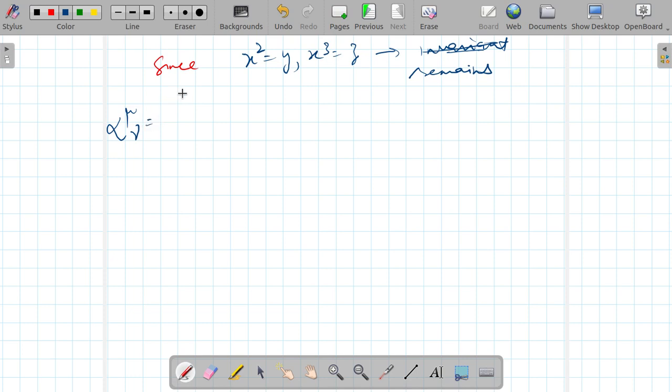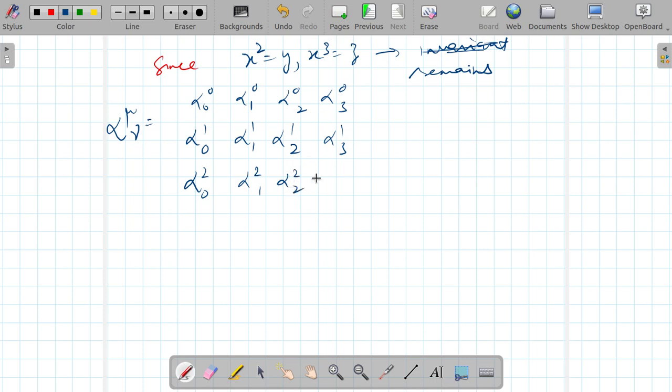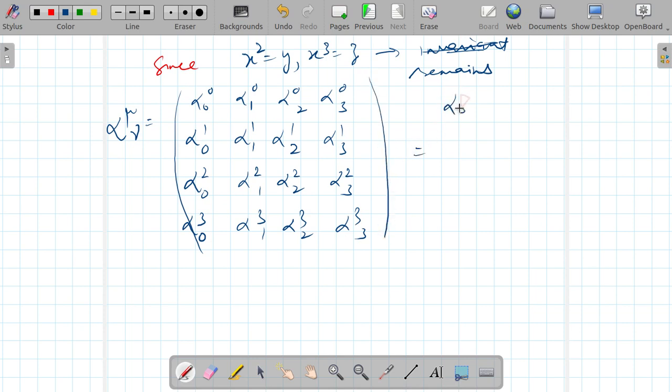alpha mu nu can be written as alpha 0 0, alpha 0 1, alpha 0 2, alpha 0 3, alpha 1 0, alpha 1 1, alpha 1 2, alpha 1 3, alpha 2 0, alpha 2 1, alpha 2 2, alpha 2 3, and alpha 3 0, alpha 3 1, alpha 3 2, alpha 3 3, and it's simply equal to alpha 0 0, alpha 0 1.